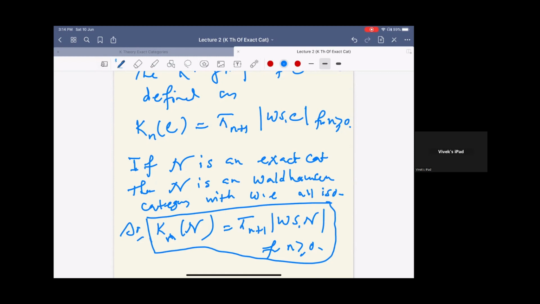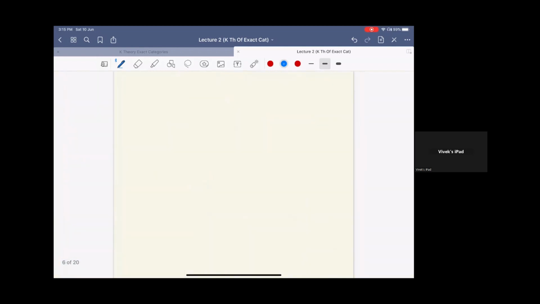At the end, Grayson's main result is the following: that his groups and the groups just defined are canonically isomorphic. So basically, one can take Grayson's alternate approach to calculate K groups or to prove certain theorems of K theory. Okay, so most of the time I'll spend describing Grayson's new description of K groups. That definition is around 1970 or 80, and Grayson's description is comparatively new, 2012. All right, so here is Grayson's description.